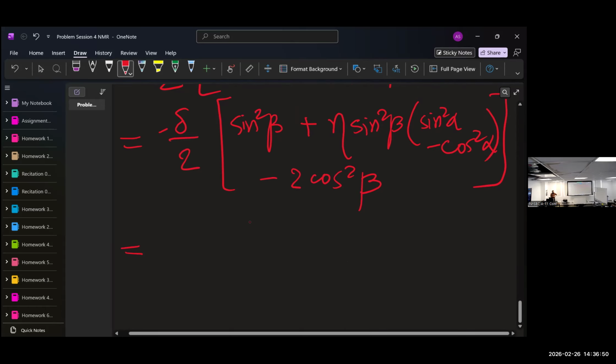Can I simplify further? You take minus out from the second term, you get the cos squared minus sine squared alpha, which is cos 2 alpha. That becomes minus eta sine squared beta cos 2 alpha. And what else?